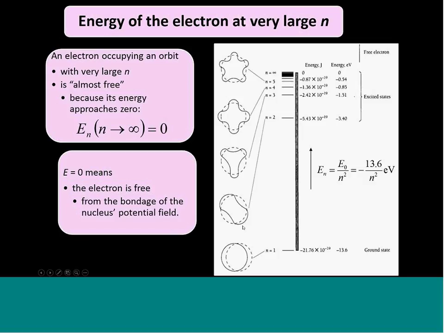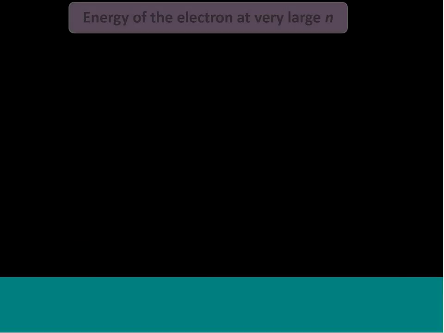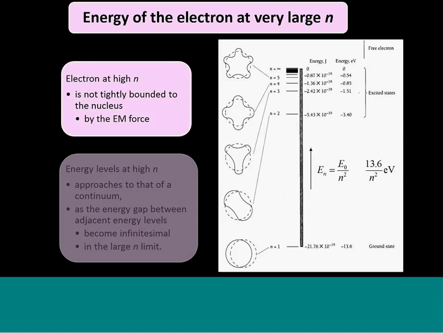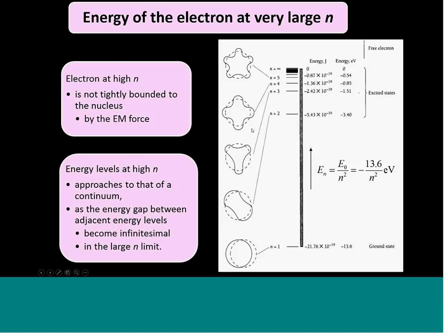Macam tadi lah. So it has higher N, easily unbonded from the nucleus by electromagnetic force. Energy level at high N, so yang kat atas ni lah, approach to that of continuum.